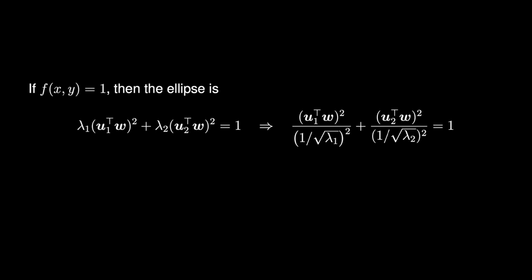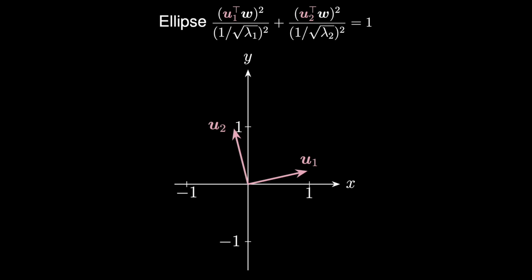Setting the function f equal to 1 gives us an ellipse equation in the eigenvector coordinate system. The semi-axes are 1 over square root of lambda 1 and 1 over square root of lambda 2. The eigenvectors u1 and u2 define the orientation of the ellipse. Notice they are perpendicular, an important property of symmetric matrices.